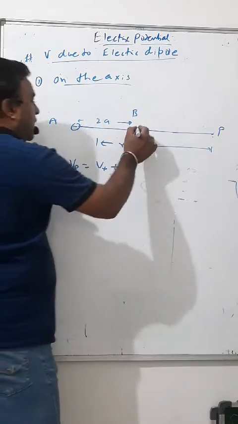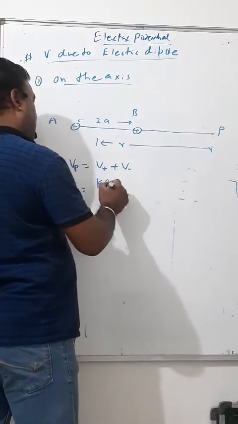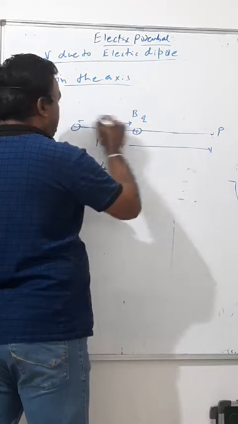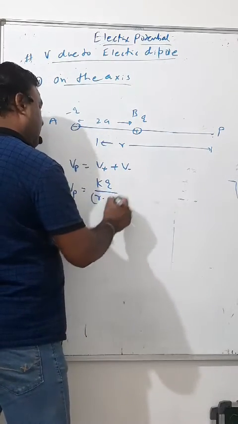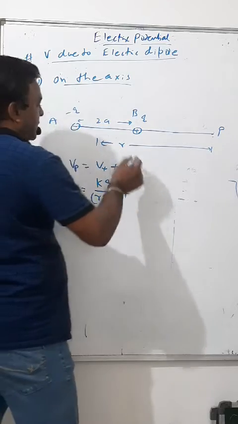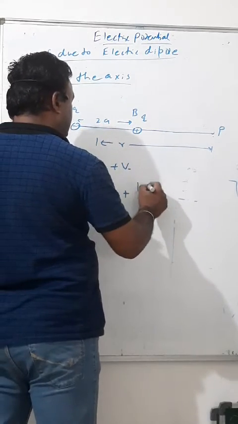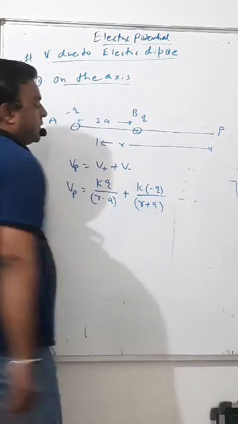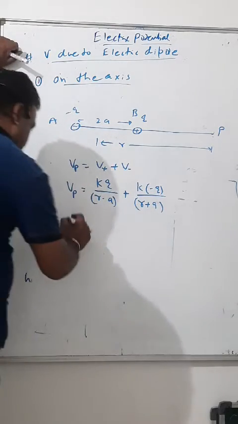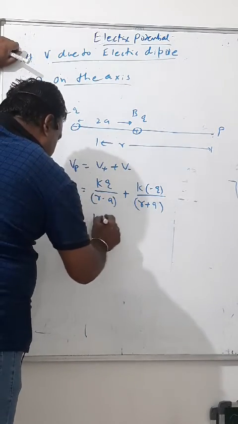VP, due to this positive charge, KQ upon R minus A. This is Q, this is minus Q. Plus V minus, K minus Q upon R plus A. The VP is what?